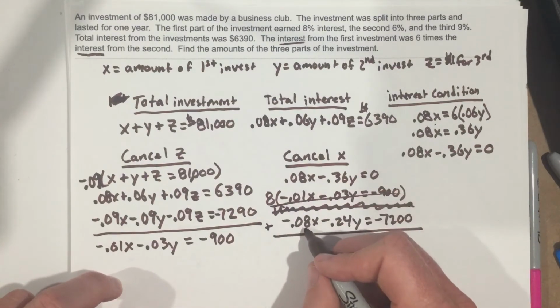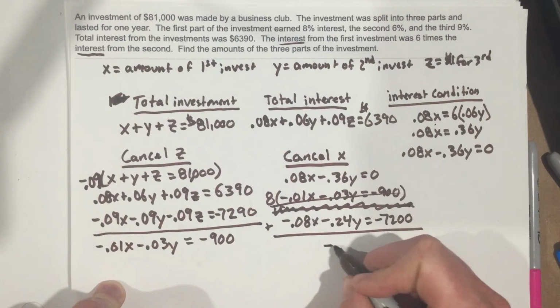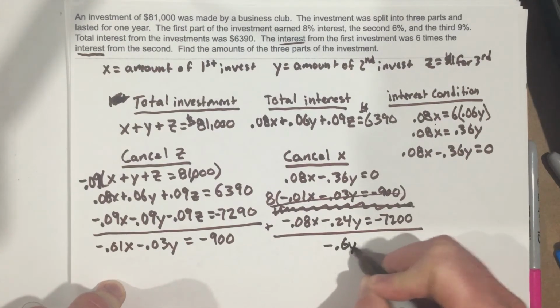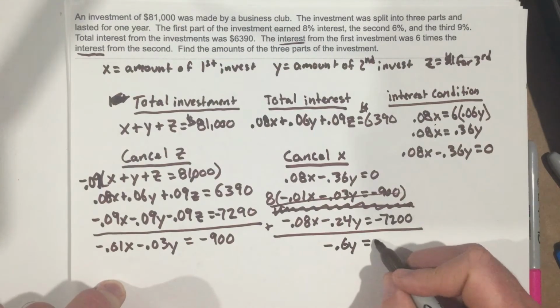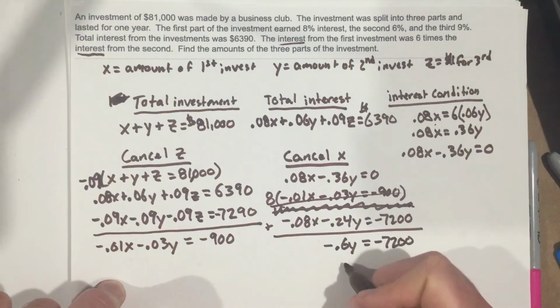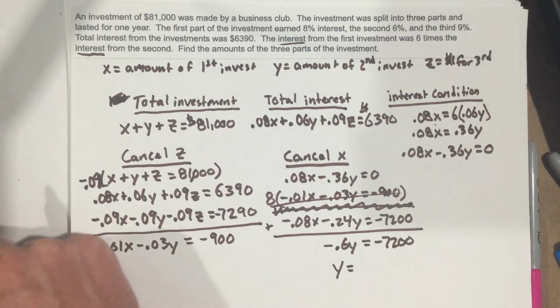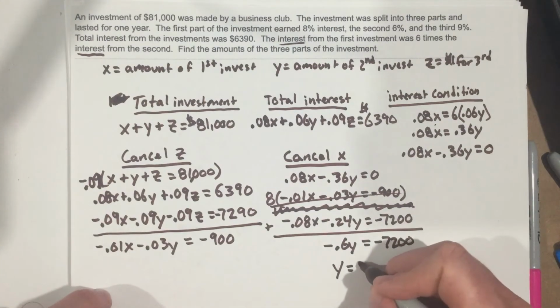This one with this one is 0. This and this gives you negative 0.6y equals negative 7,200. Divide by negative 0.6, we get y equals 12,000.